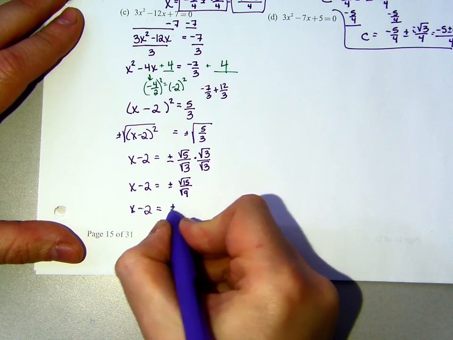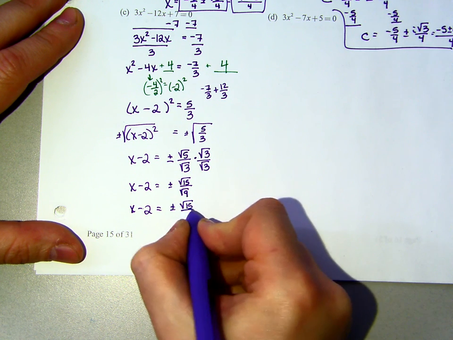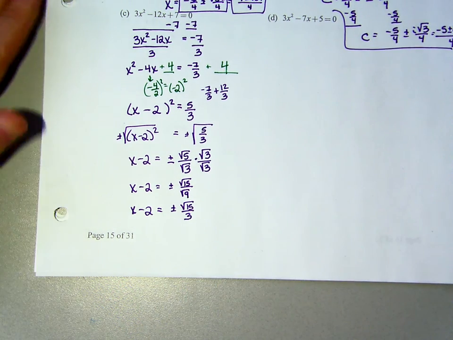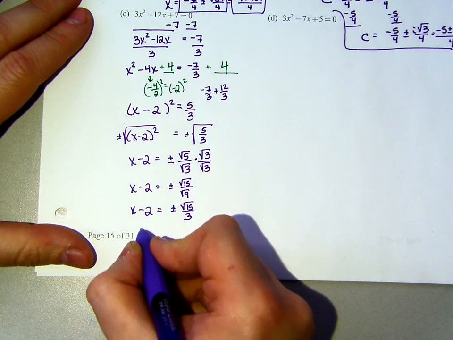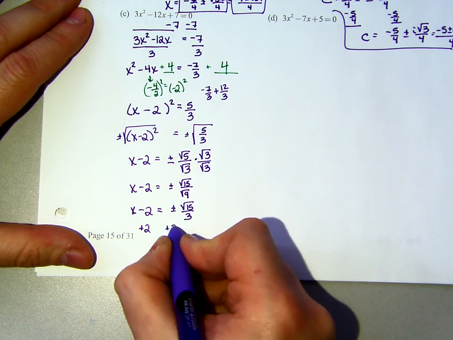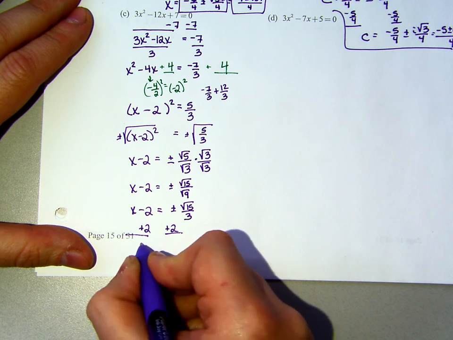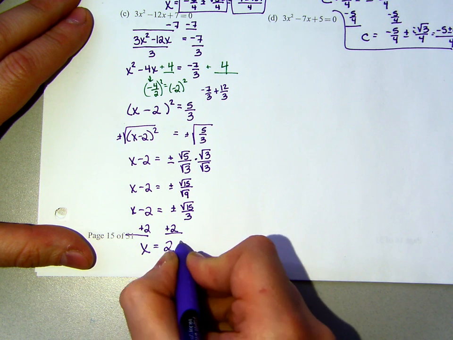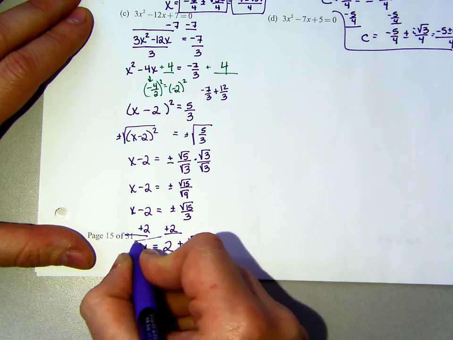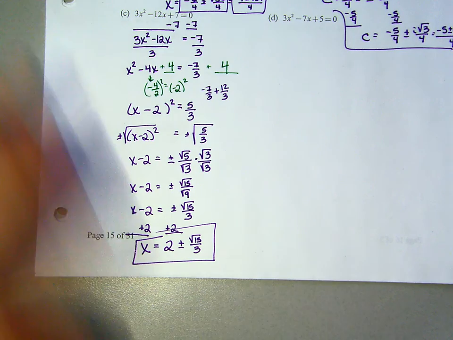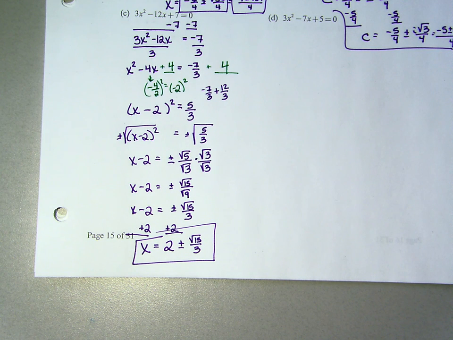X minus 2 equals plus or minus root 15 over 3. Go do your last easy step. 2 plus or minus root 15 over 3 should be your final answer.